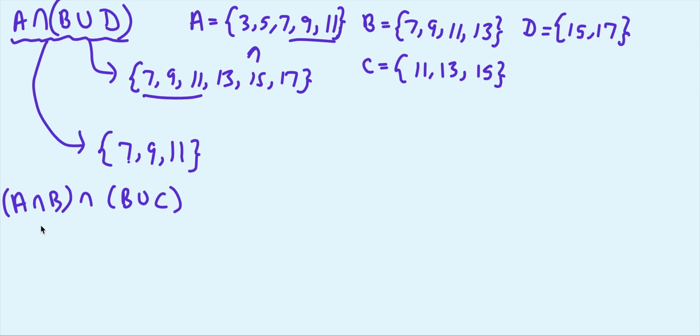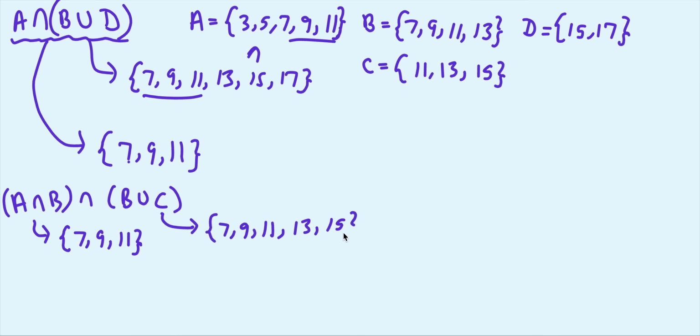Okay, so first, again, we find A intersecting B, which becomes the set that has 7, 9, and 11. And this one, B union C, would become elements 7, 9, 11, 13, and 15. Okay, so I'm just using these sets up here to come up with these numbers.